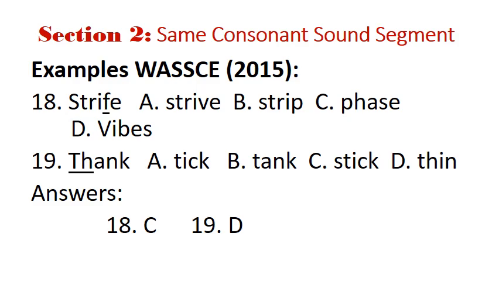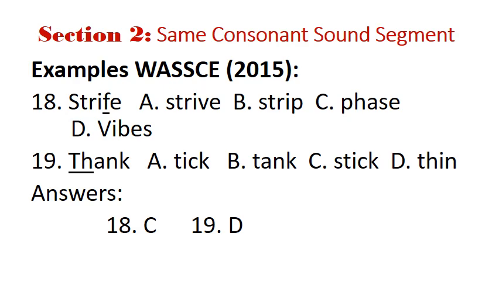Item 19 has the word spelled as T-H-A-N-K, which we pronounce thank. Option A is given as T-I-C-K, tick. Option B, T-A-N-K, tank. Option C, S-T-I-C-K, stick.